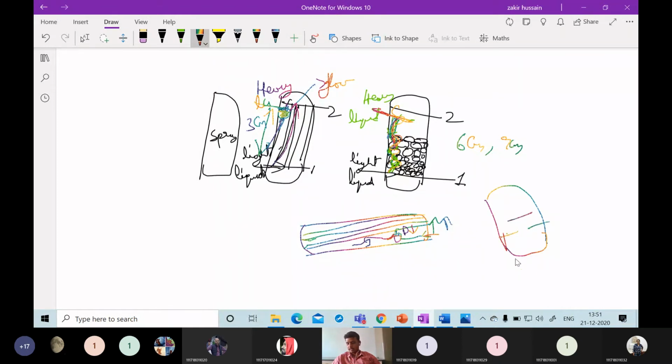Like this, some baffles are arranged. The light liquid has to travel like this, and due to this baffle here, it has to change direction. Due to this restricted area, the turbulence will be increased. Heavy liquid is flowing, and light liquid is flowing like this.